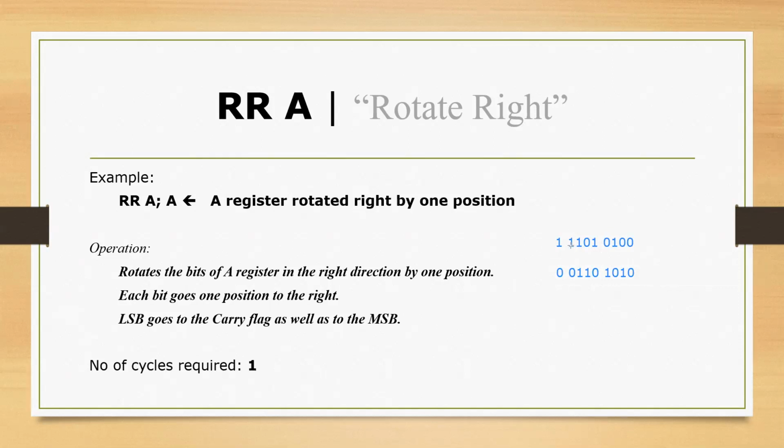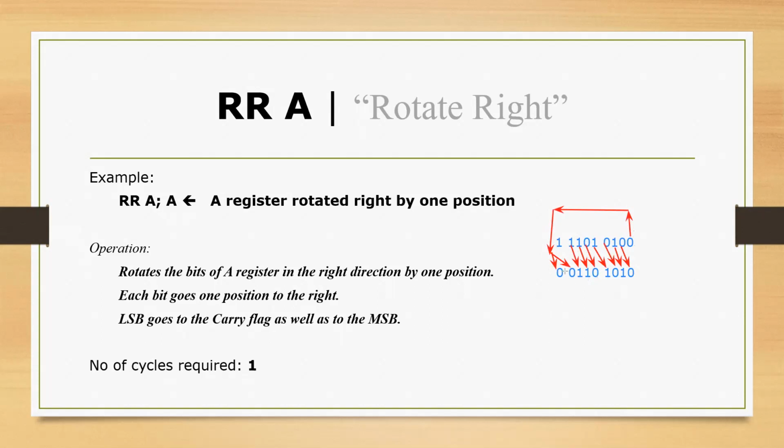So you can see the first bit is rotated to right. Every bit is rotated to right by one bit position. And this LSB that is going out goes to two positions, that is to MSB and also to the carry flag.